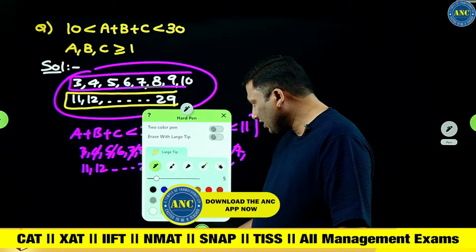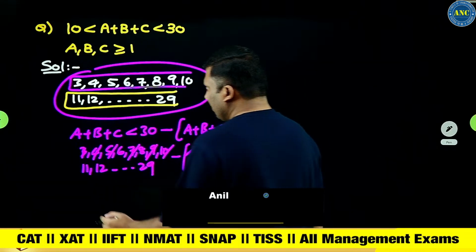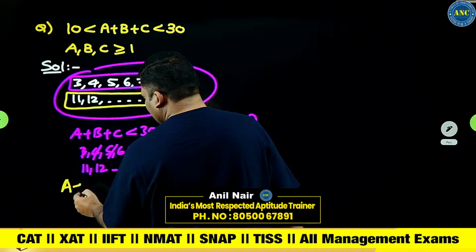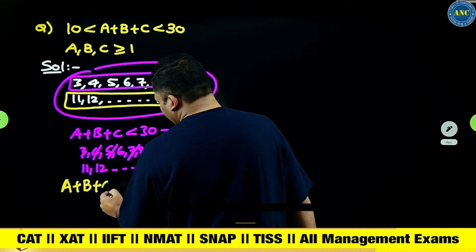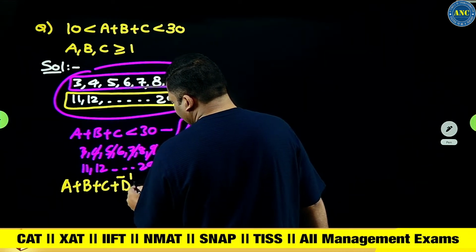Since it is less than, this will be a plus b plus c plus d. Introduce a dummy variable.